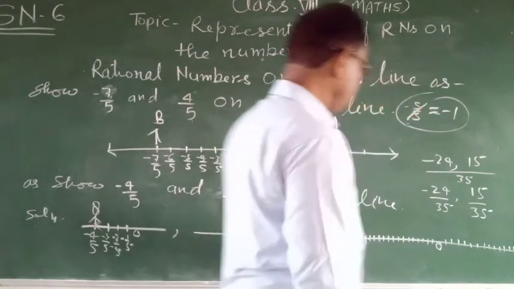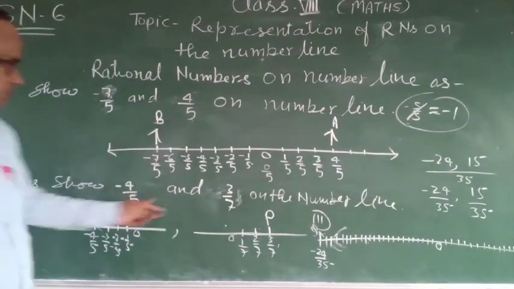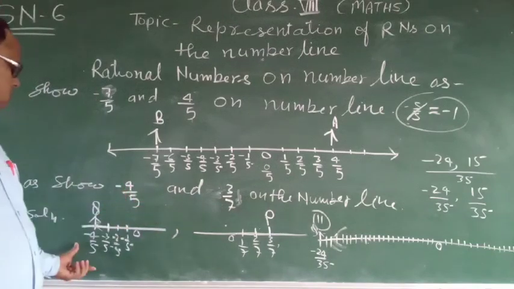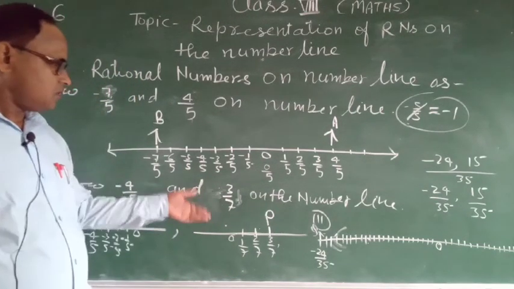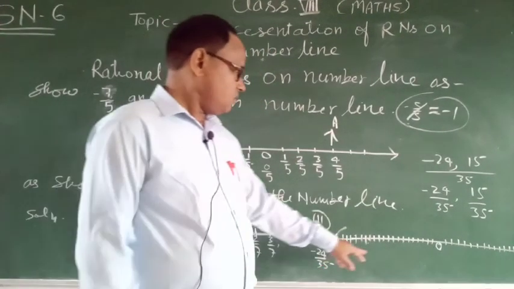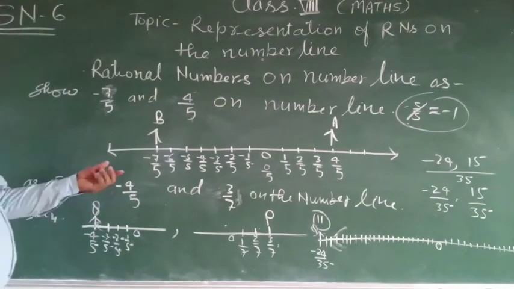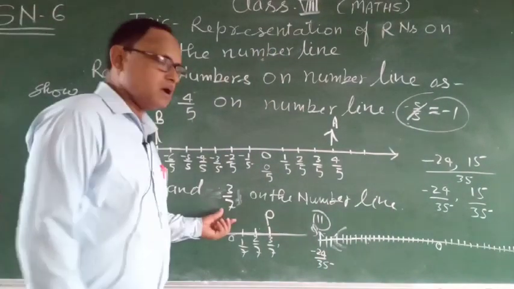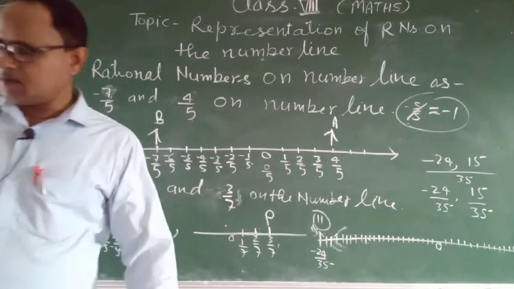We can write in this form. Okay, then these types of rational numbers you can show on separate lines, or if you want to show them on one number line, make the same denominator of both by taking the LCM.